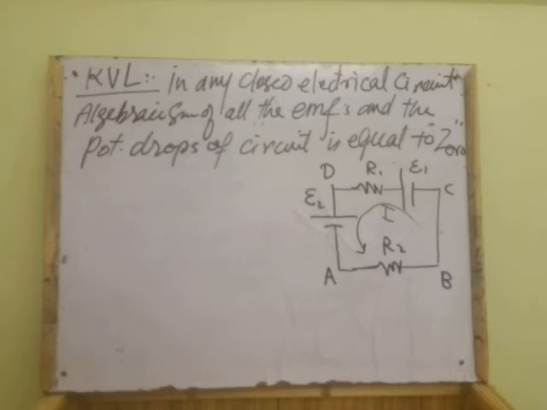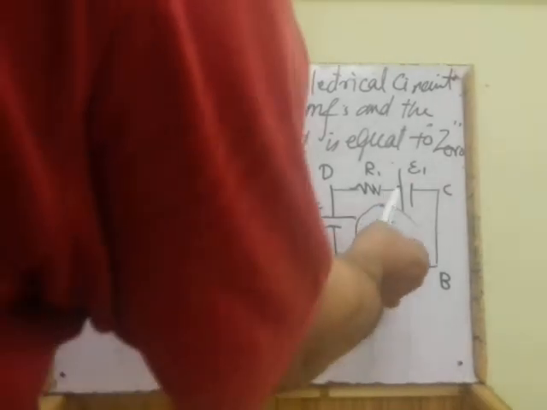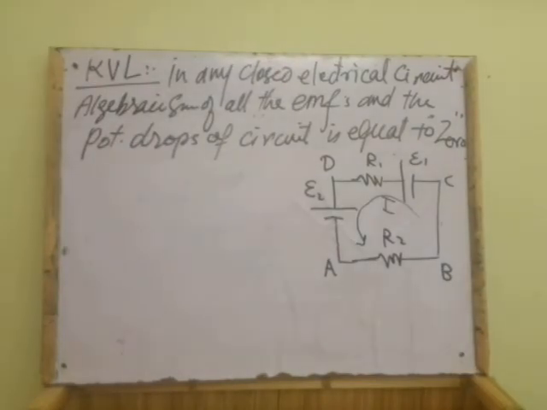We can take the current clockwise or anti-clockwise. But apparently, the current should always flow from high potential to low potential. So that's why I have assumed that the potential of this EMF E1 is greater than E2. So the current must be flowing from high to low potential like this.